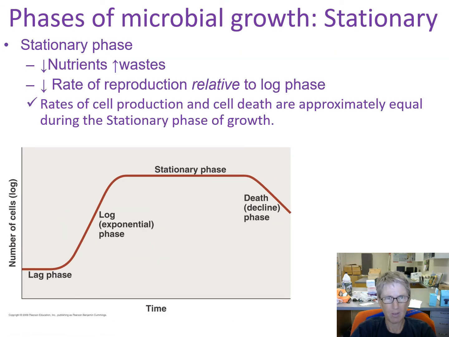Stationary phase. In the stationary phase, the nutrients are decreasing, the wastes are starting to build up, and the reproductive rate is going down relative to the log phase. But the rates of cell production and cell death are approximately equal during this stationary phase.